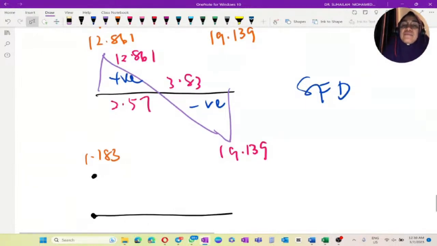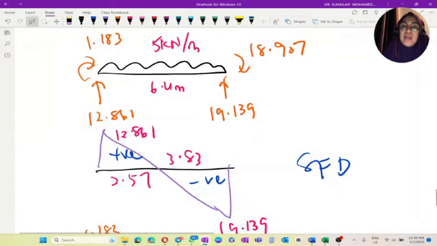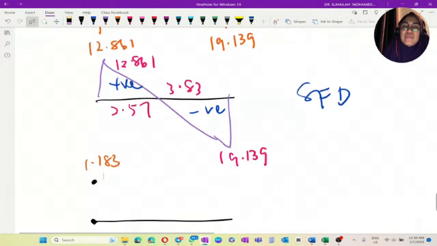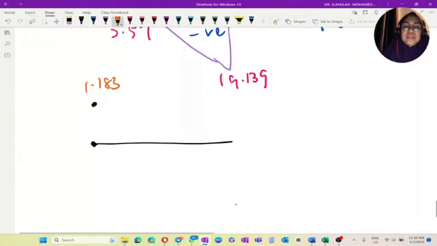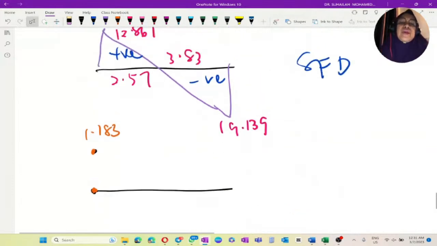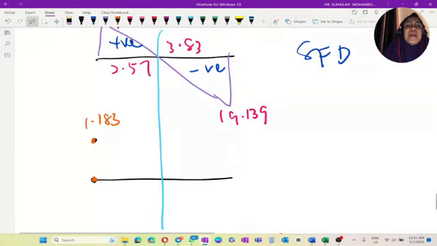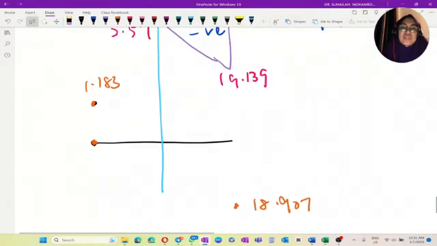And the last value will be below the line. It is 18.907. First value, second value. So what is the value in between? Means at the intersection. So we will get this from the area of shear force diagram.